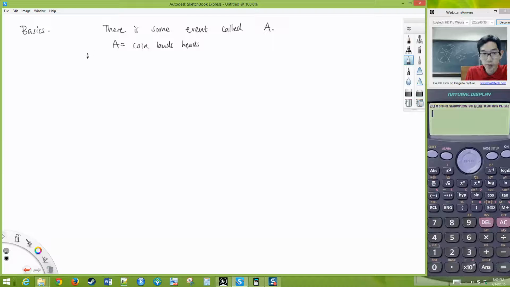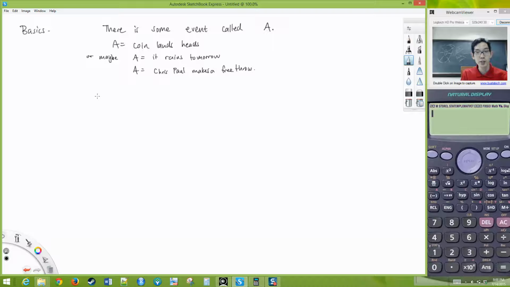Or maybe A is, it rains tomorrow. Or A is, Chris Paul makes his free throw. Whatever it is, it's just some event with a defined outcome, that's A.